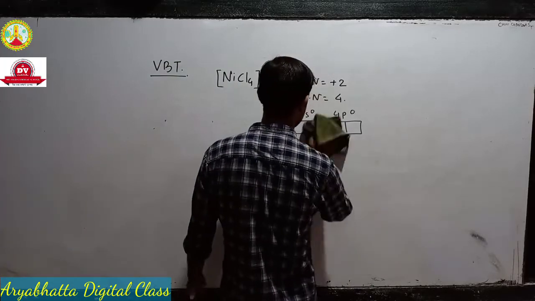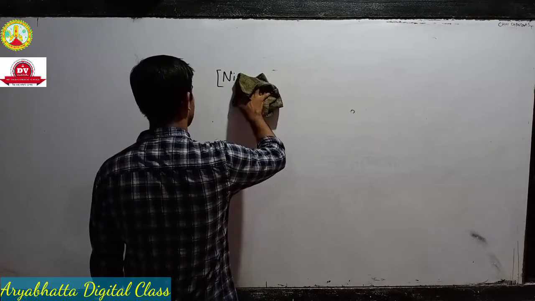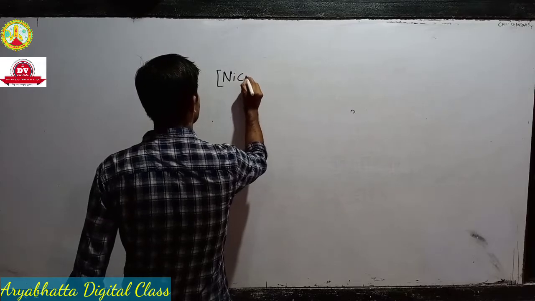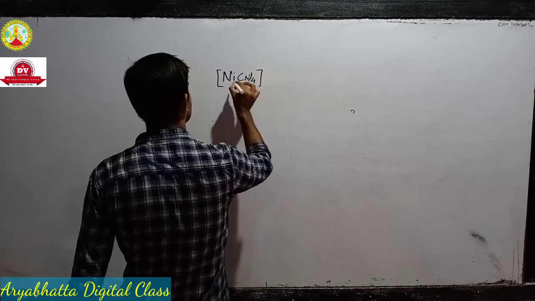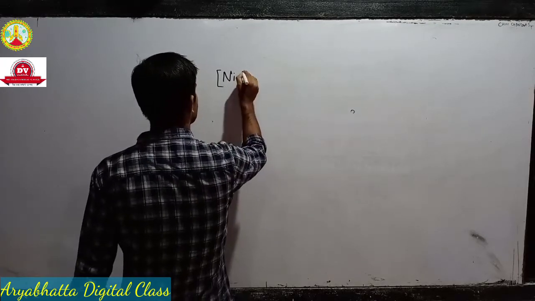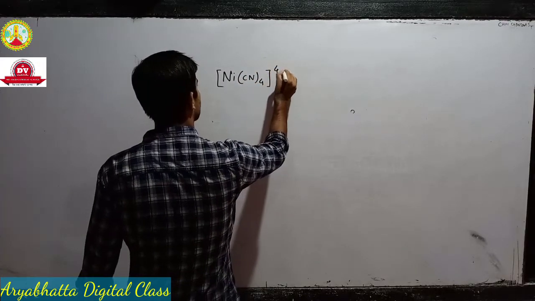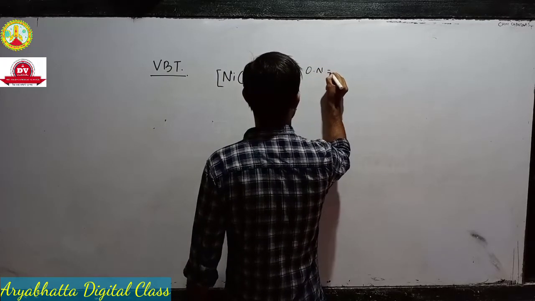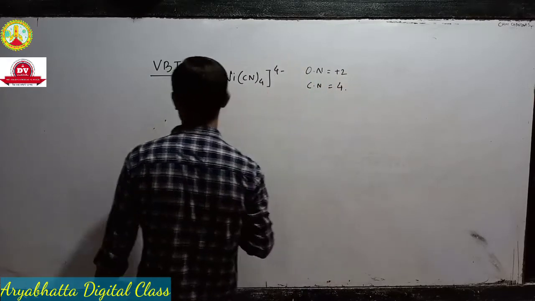Now let's see one more example of a similar kind. Same thing, the oxidation number is +2 and the coordination number is 4.